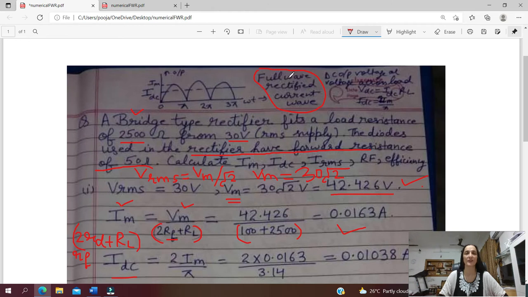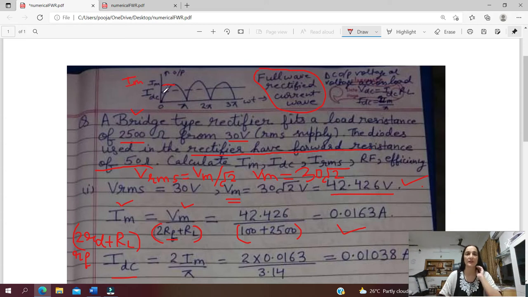It's a full wave rectified current wave. So its DC value will be equal to twice Im by pi. You can see here in this picture, this is the peak value Im, the peak value of the output current.